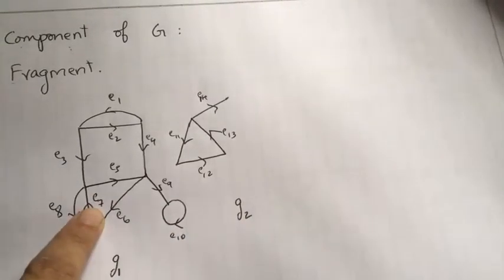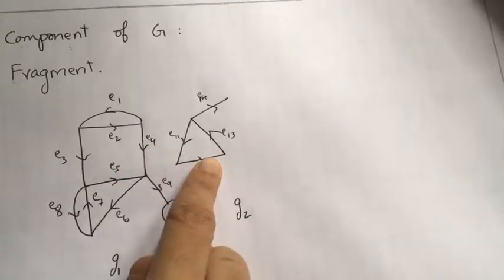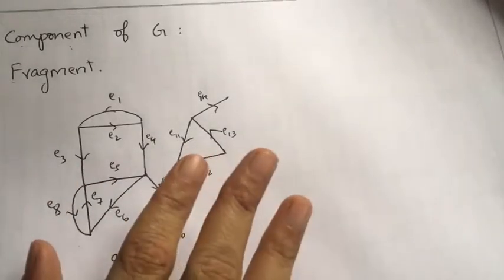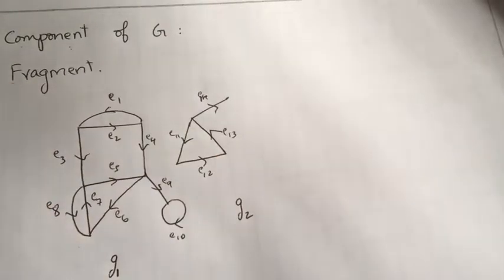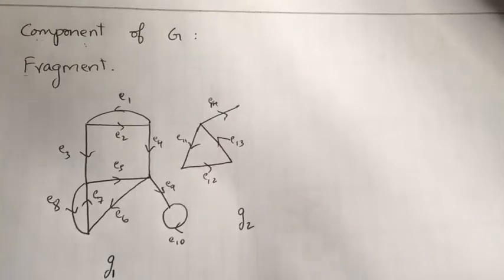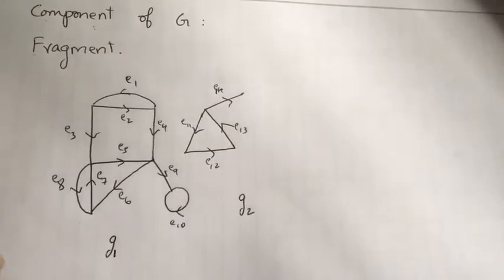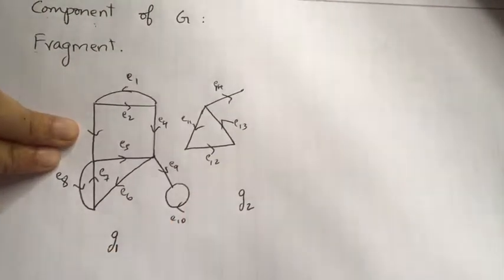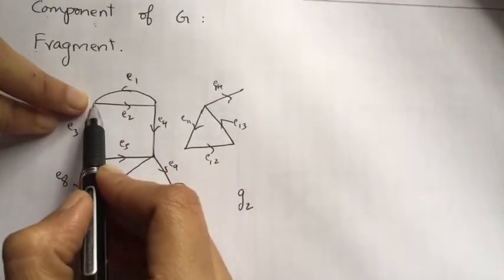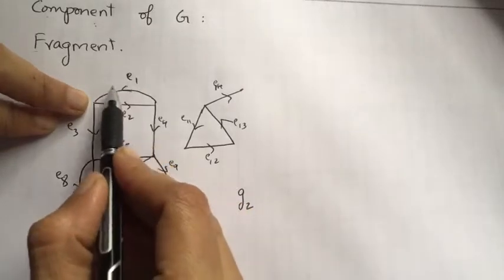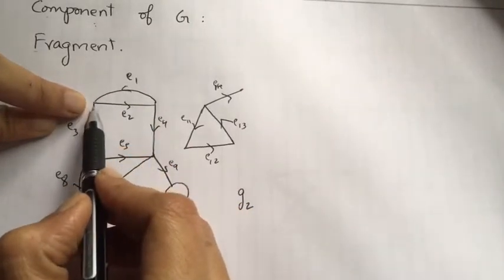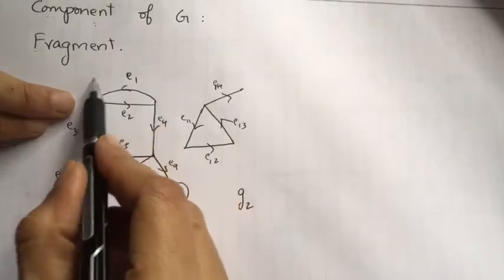Now within each component, if I can find a maximal strongly connected subgraph, then that will be a fragment. So in this case, for G1, I have to check the maximal strongly connected subgraphs. When I consider this E2, E1, this is directed, and I can say this part is strongly connected.